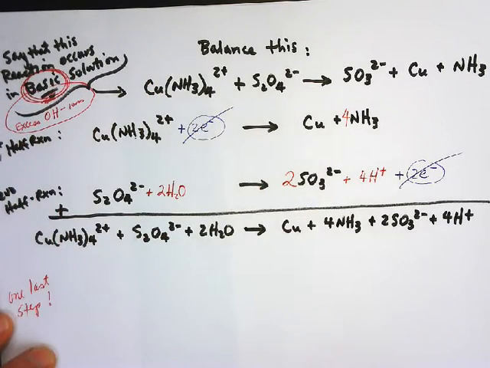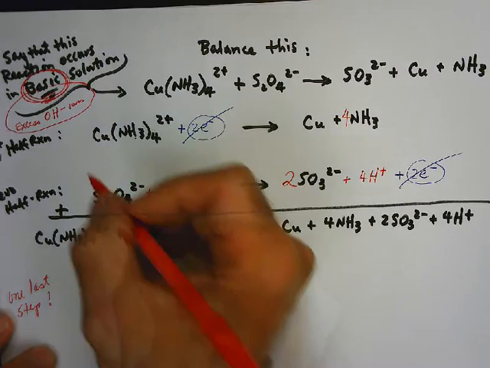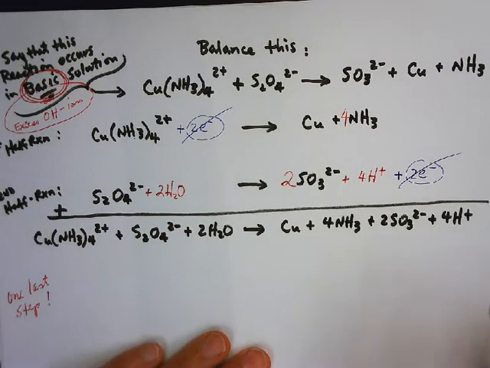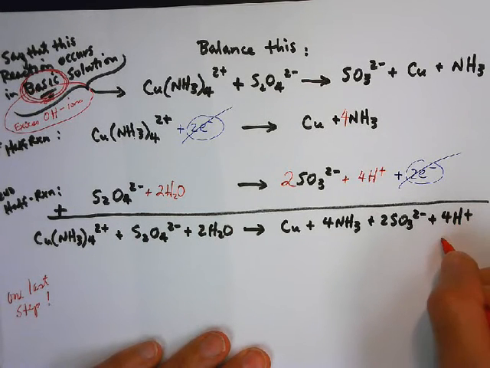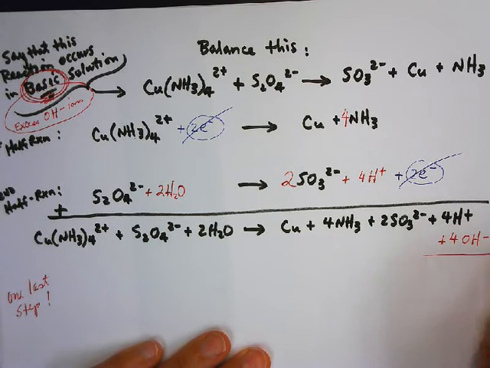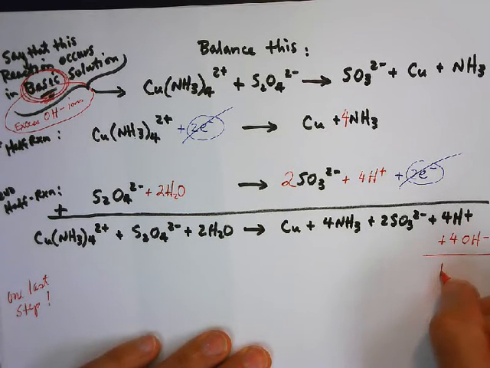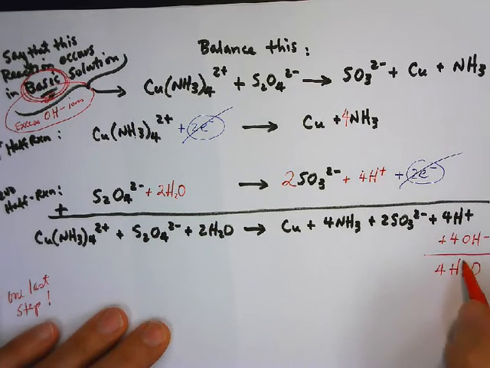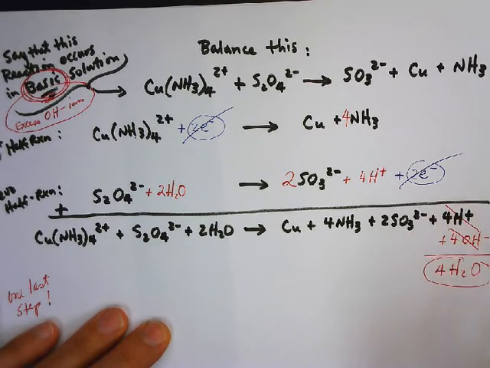Basic means you have excess amounts of OH ions. So if we have 4 H pluses on the right hand side, let's add 4 OH minuses. And when you add OH minuses to H pluses, you get water. So 4 H pluses plus 4 OHs gives us 4 H2Os. So that gets rid of that.